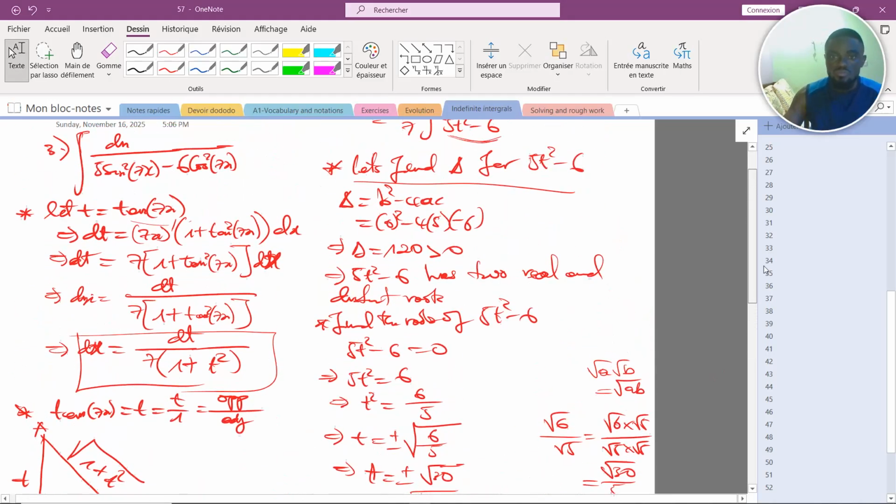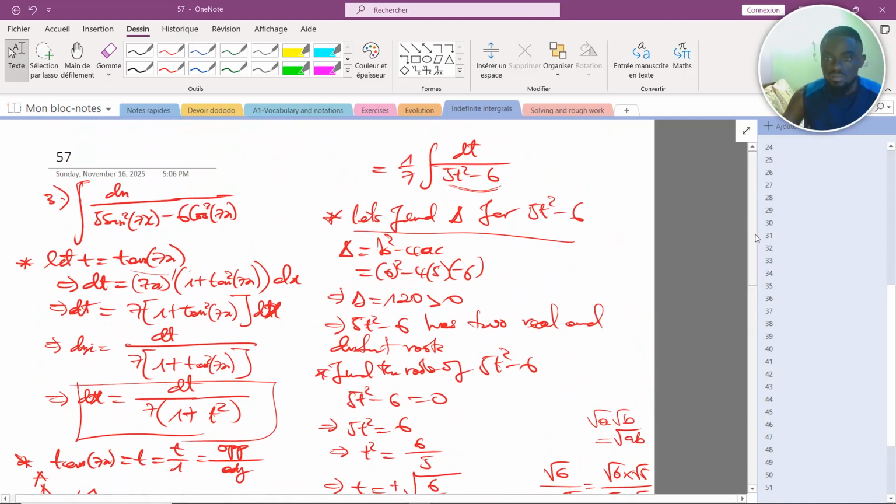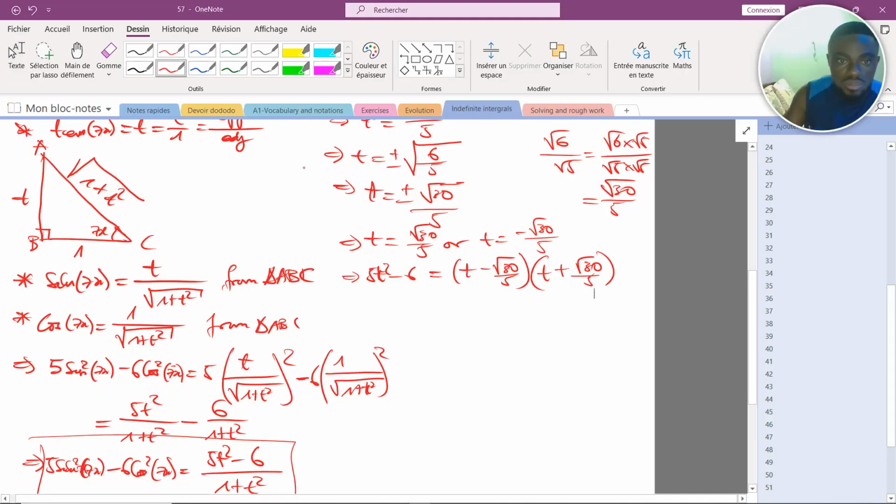So this integral, so it implies, let me draw a line like this, I don't want to get confused.